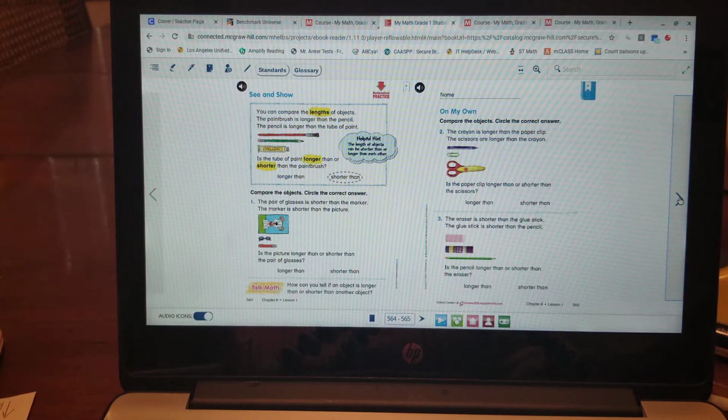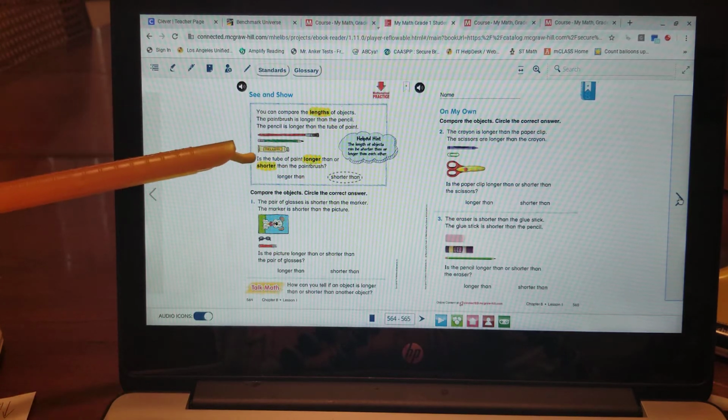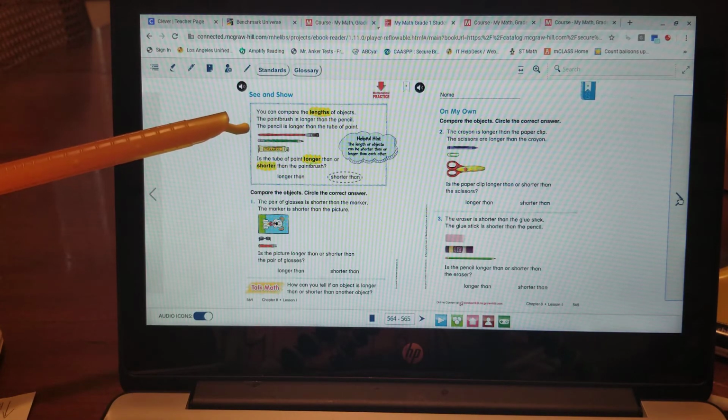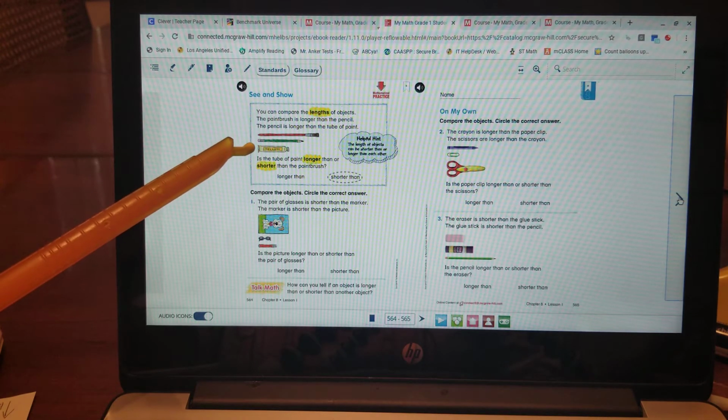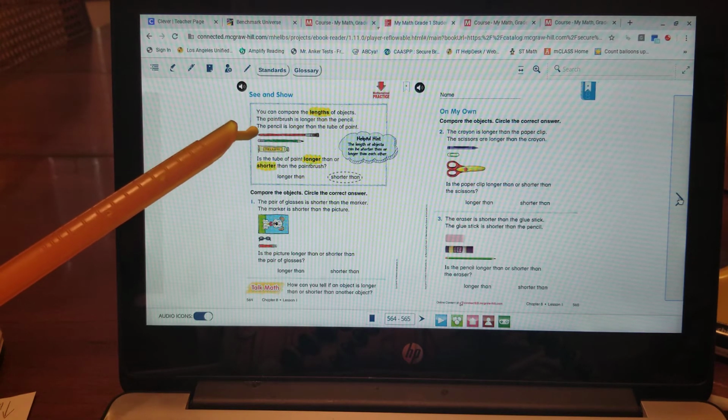Is the tube of paint longer or shorter than the paintbrush? So here's the tube of paint. Here's the paintbrush. Is the tube of paint longer or shorter than the paintbrush?